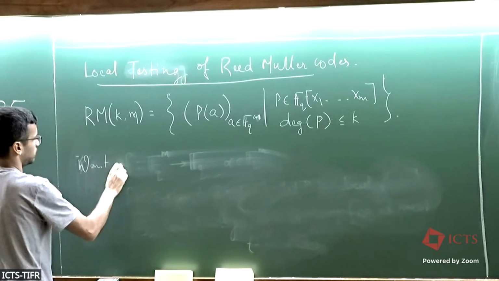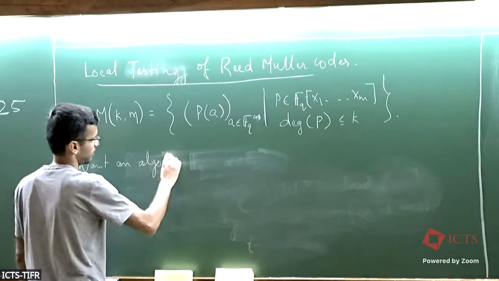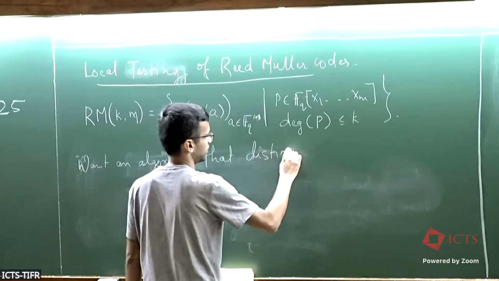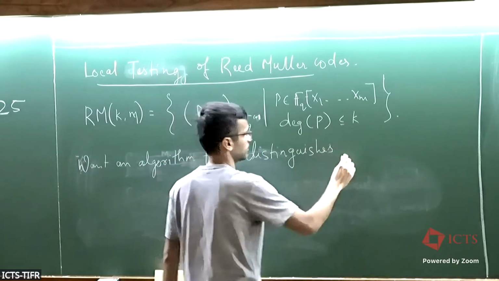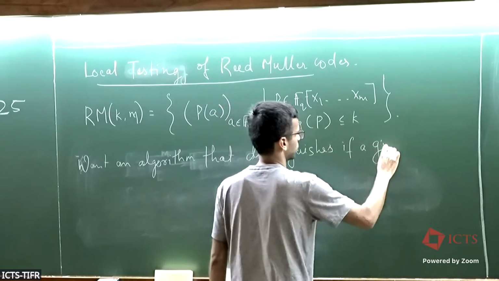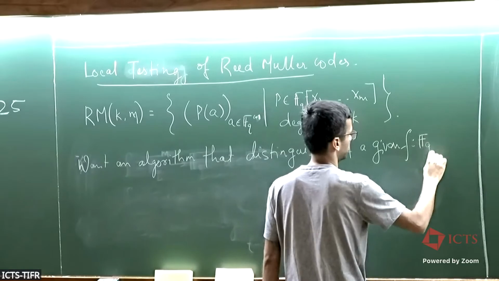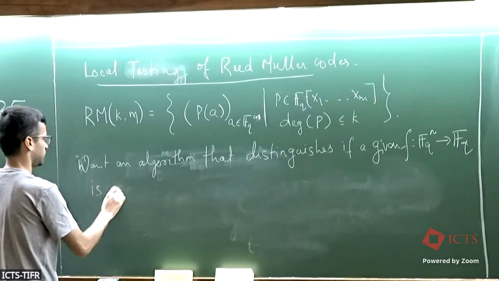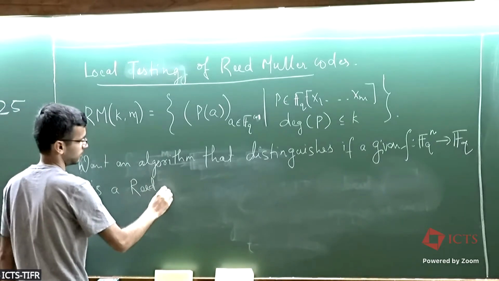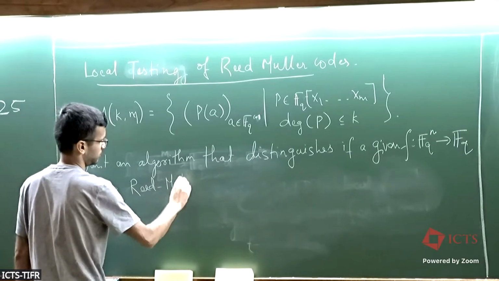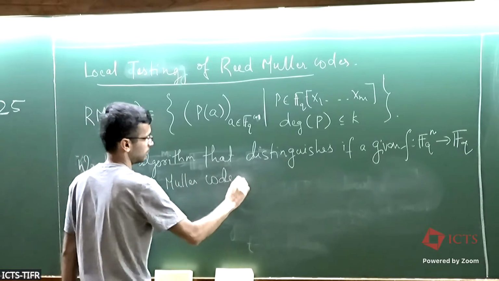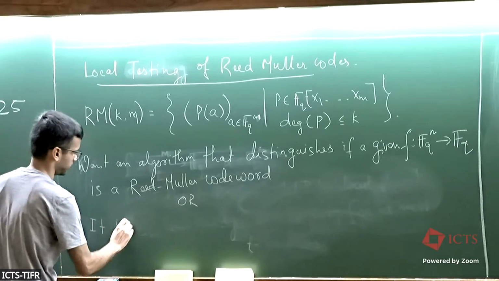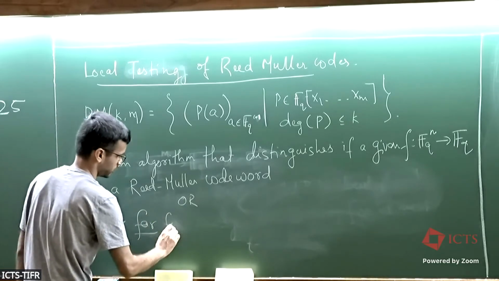We want an algorithm that distinguishes if a given function, so again our input is going to be a function f from F_q^m to F_q, is a Reed-Muller code word, or it is far from all such code words.